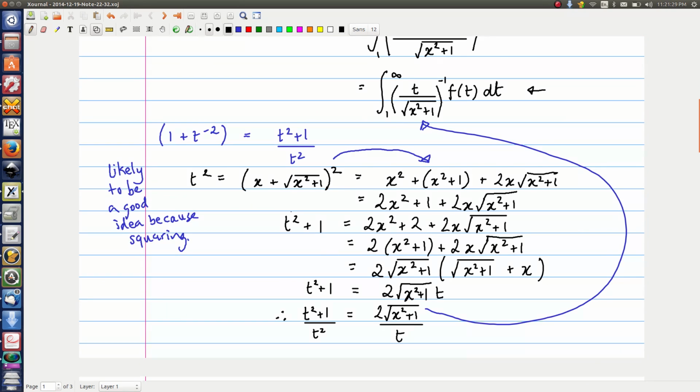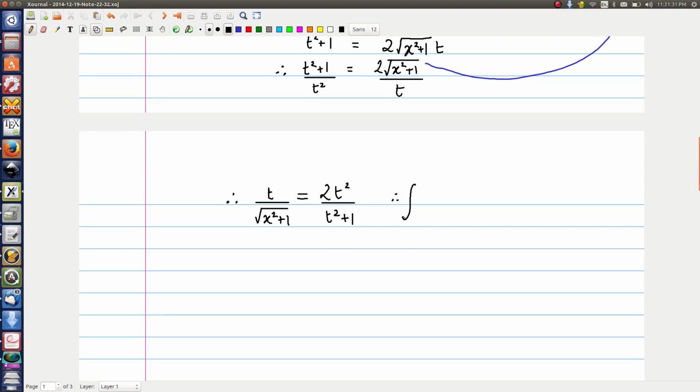Root x squared plus 1 over t f(t) dt from 1 to infinity is equal to the integral of t squared plus 1 over t squared times 2 there, f(t) dt on the same limits.